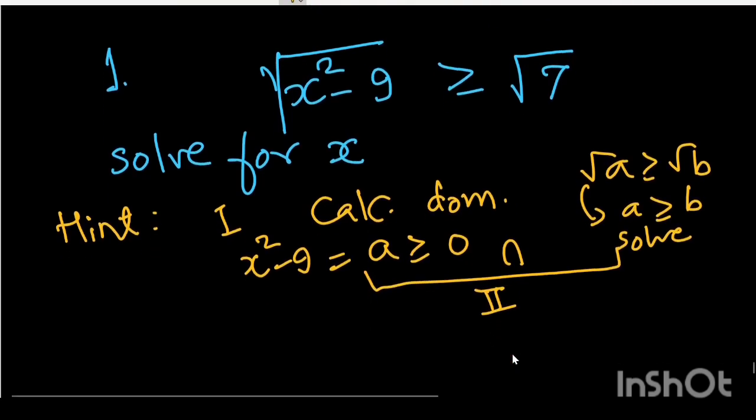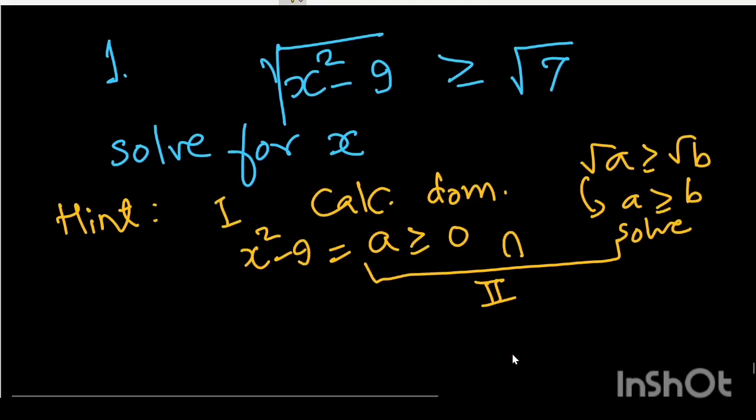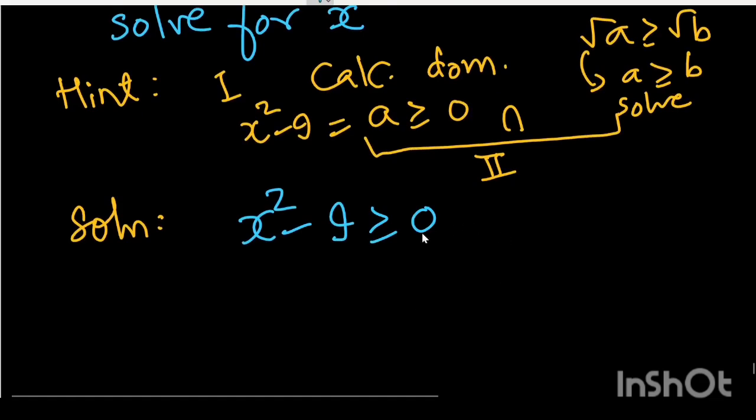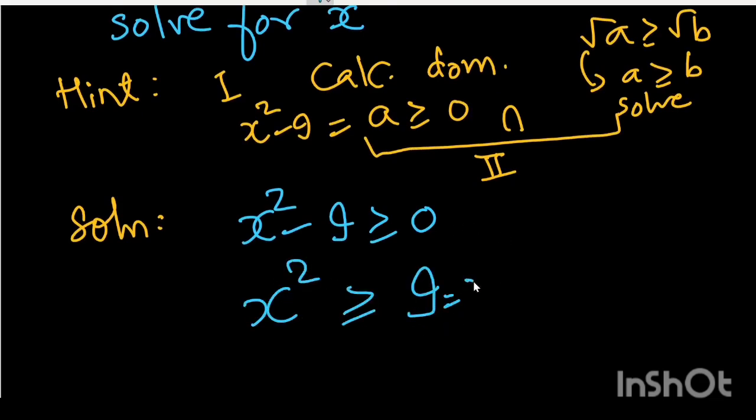So guys, now let's head on to the solution part. First we will calculate the domain. x square minus 9 greater than equal to 0, which gives x square greater than equal to 9, which is 3 square.